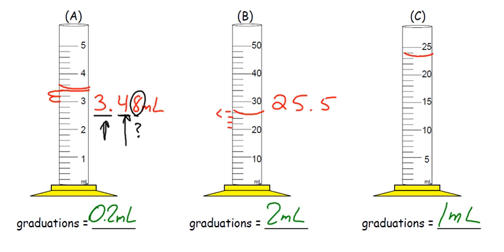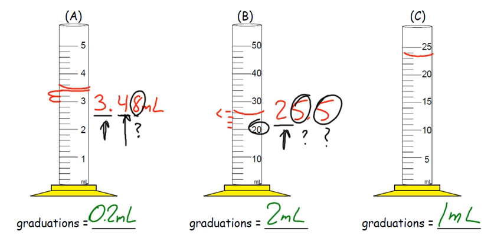Now, this one is pretty certain, but both of these arrows are uncertain because I don't have a nice clear graduation for them. The only clear graduation I have is the 20. Let me rewrite this. There, that looks a little better. What I'm showing you is that I have two uncertain values right there, and it doesn't make for a very accurate measurement.